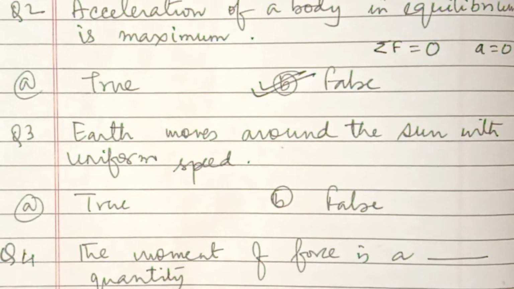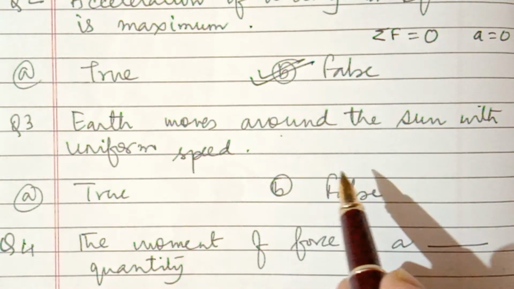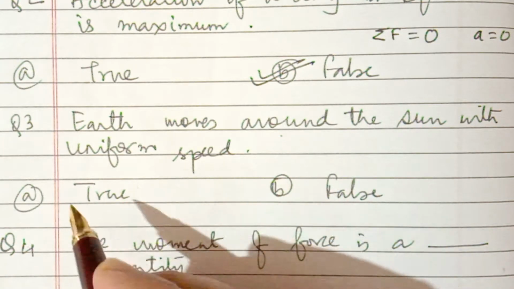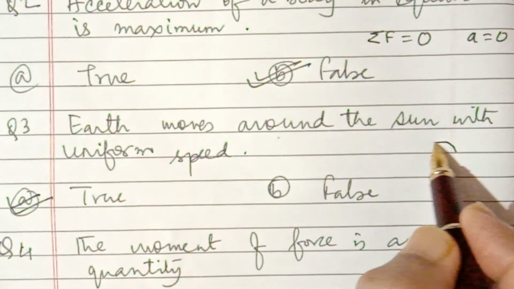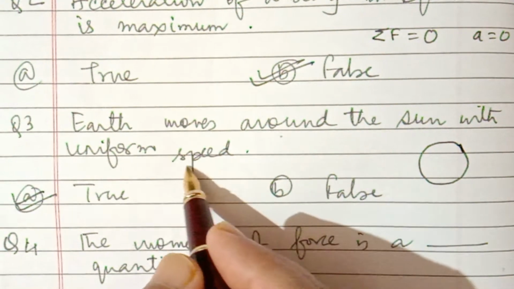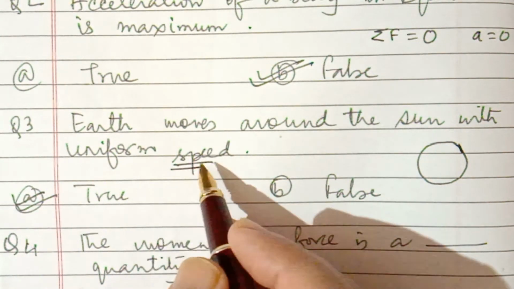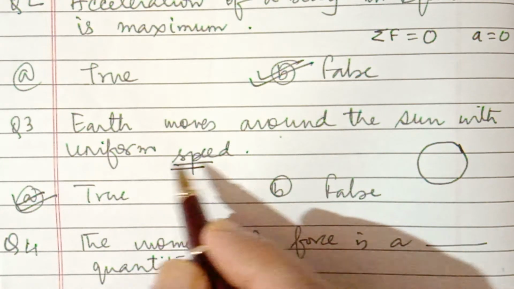Next is, Earth moves around the sun with uniform speed. So it's true or false? So answer is true. So Earth moves around with uniform speed. So remember, it's speed. So speed is uniform, but if velocity is given uniform, then it will be wrong.